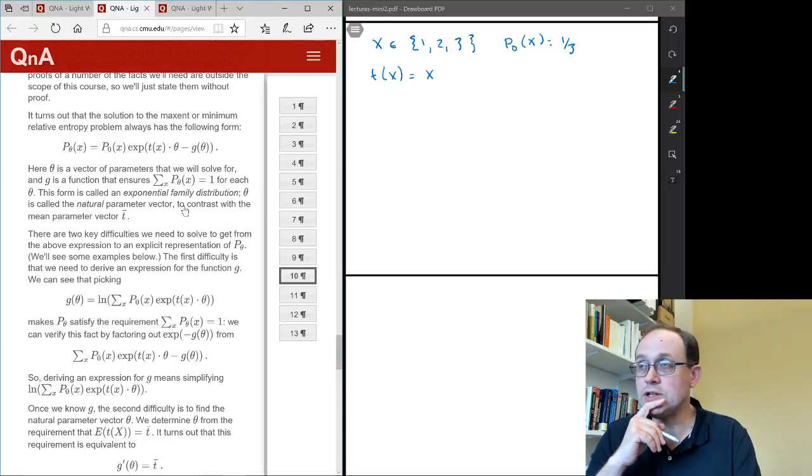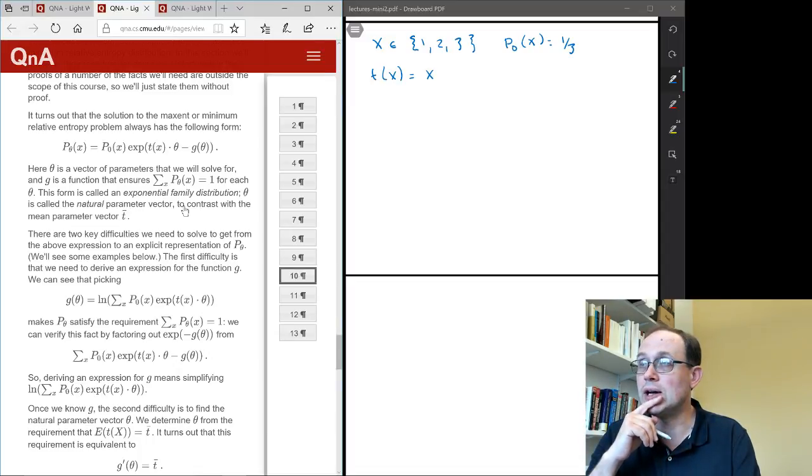In order to do that, there's a few steps. The first step is to work out an expression for g of theta and then for g prime of theta. And then we can solve a potentially nonlinear equation to get the right value of theta.